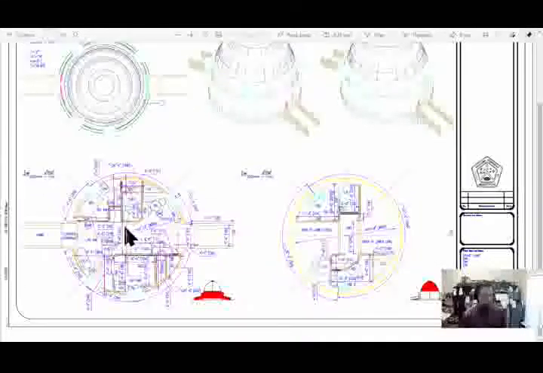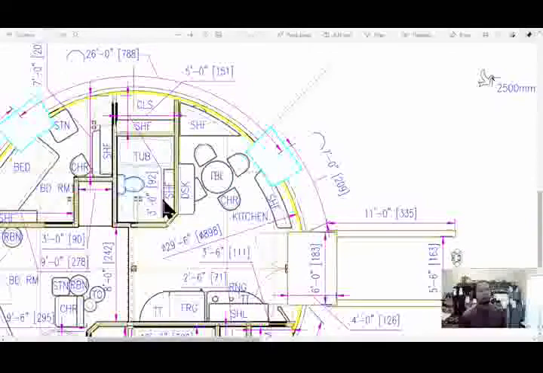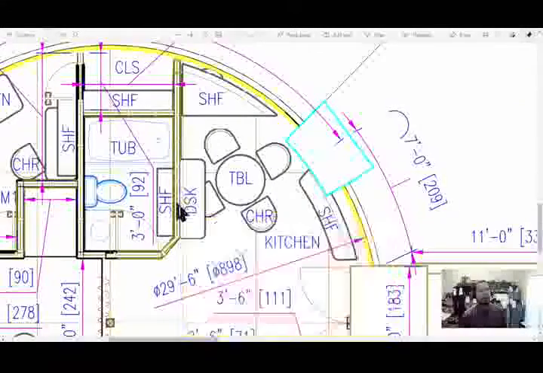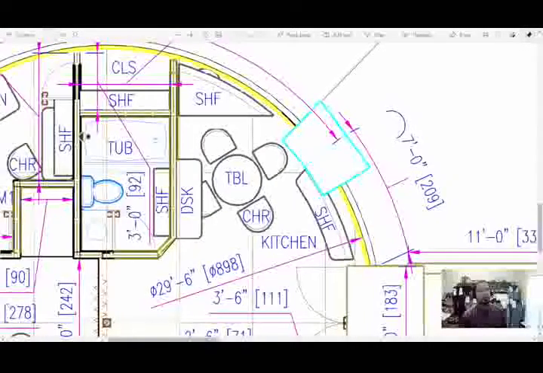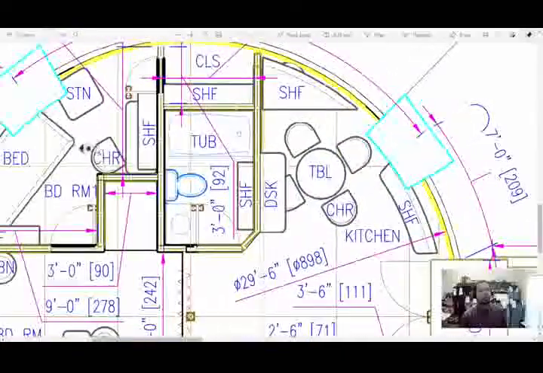As you can see, they are detailed here. The lumber used, the wood members, the vertical columns especially used in each floor.